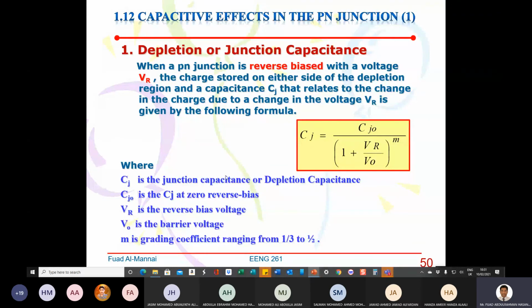We can calculate the capacitance when the diode is in reverse bias like this.